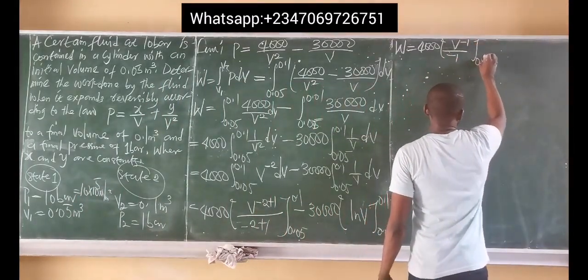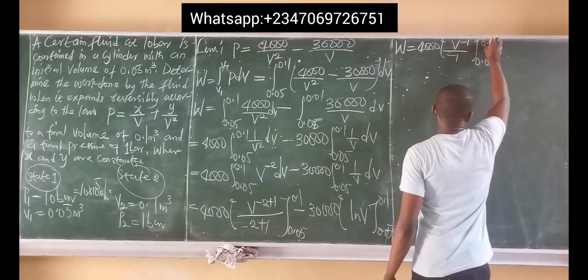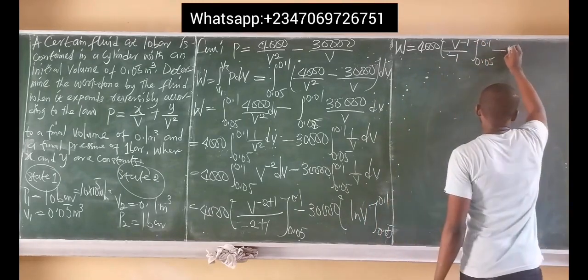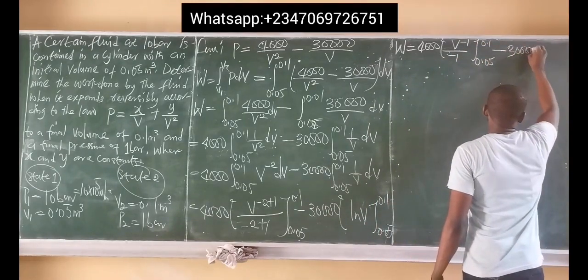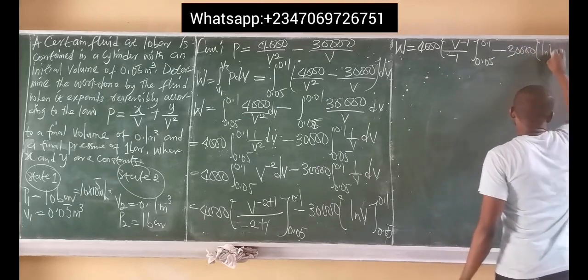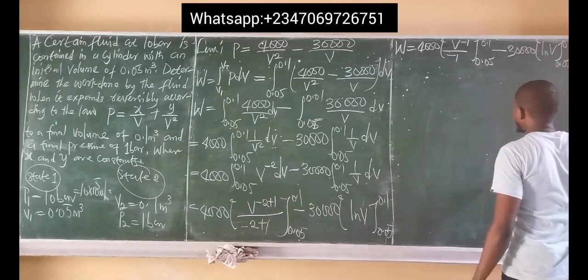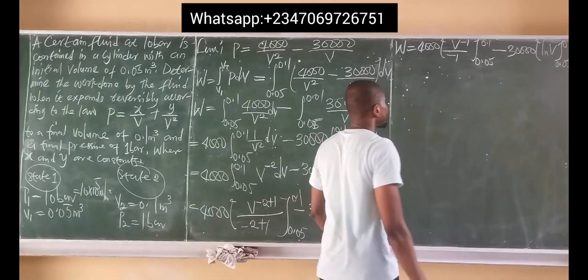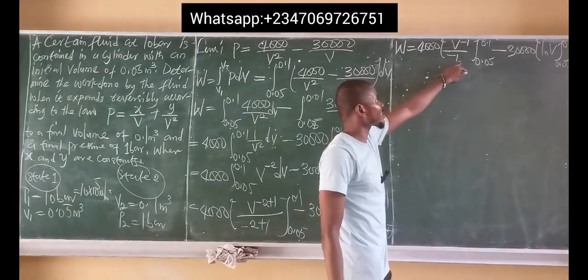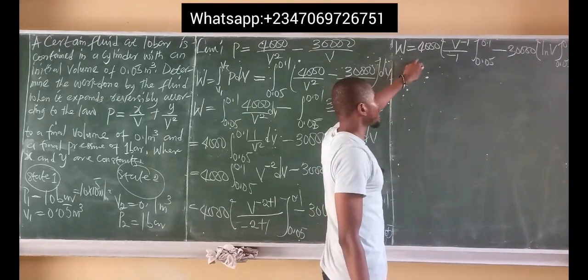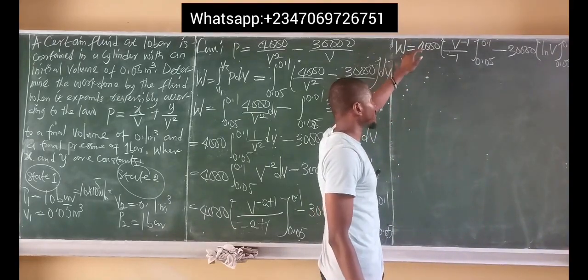Limit is from 0.05 to 0.1, minus 30,000 ln v, put in from 0.05 to 0.1. Okay, so from here, of course, you can factor out this minus 1. 4,000 divided by minus 1 becomes minus 4,000.